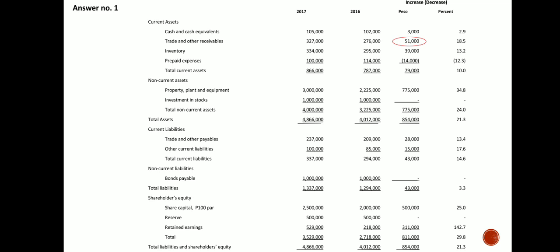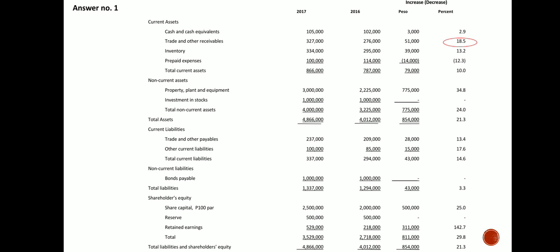It is an increase since the amount in 2017 is bigger than our base amount, or the amount in 2016. The 51,000 increase is equivalent to 18.5%. So how to get the 18.5%? It's the 51,000 absolute amount of change divided by our base amount of 276,000. That is 18.5%.